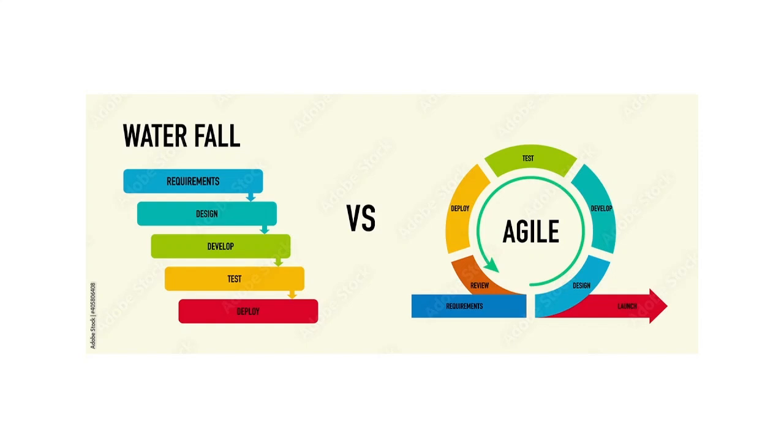Agile is a continuous process where once a sprint is completed by the developers, it automatically goes to the testing phase while the developer works on another sprint. This way they try to reduce the gaps in development. This is the main difference between waterfall and agile.